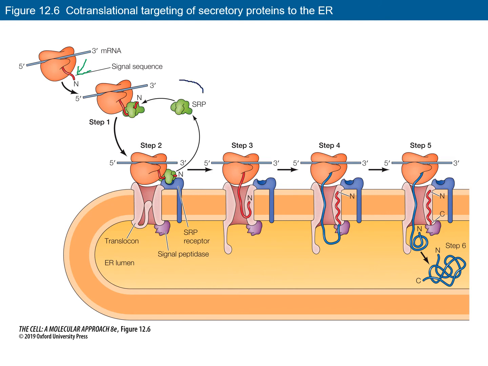The particle binds to it and then brings it and attaches it to this receptor. That receptor is present on the surface of the endoplasmic reticulum, and then after the attachment, the small signal sequence goes inside the translocon.